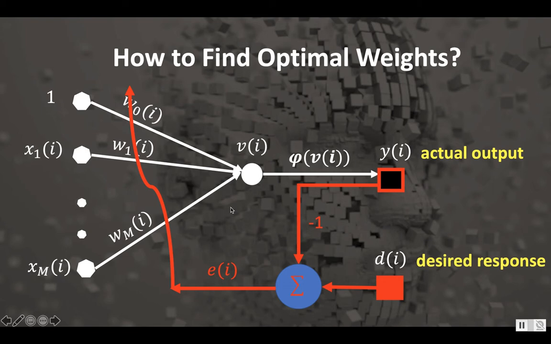We know the actual output, and then we compare the actual output with the desired response. They are different, correct? Therefore, we will have a signal called the error. We use the error information to adjust all the weights. This is what we need to do for this computer experiment.